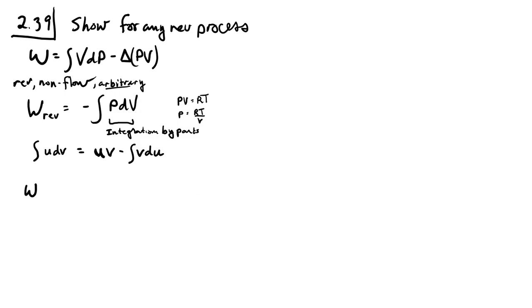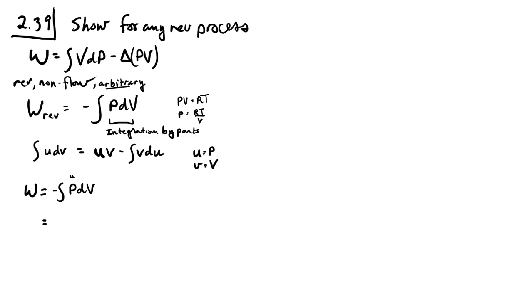Let's take work is equal to minus the integral of P dV. If we apply our integration by parts, what do we get? Let's write our little key here. U is equal to P, and lowercase v is equal to volume.